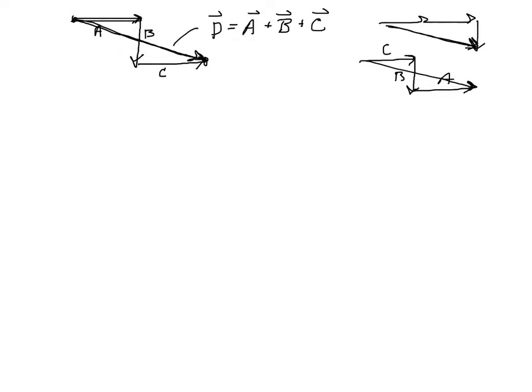Well, since these vectors are all perpendicular, it's easier if we do, what was this? This was C plus A plus B. You can see that that forms a right triangle. So whenever you have a right triangle, you can use the so-called Pythagorean theorem. So in this case, let's do it.